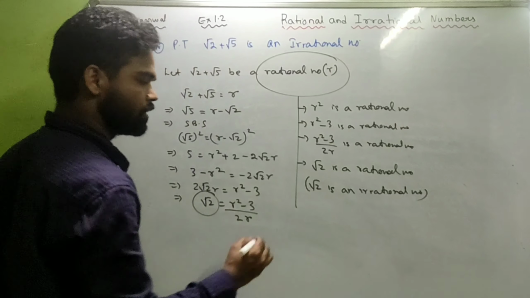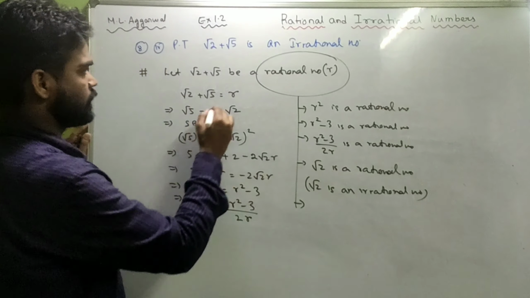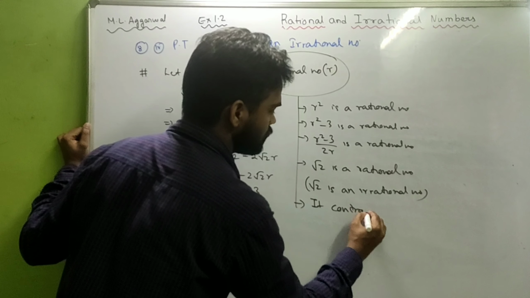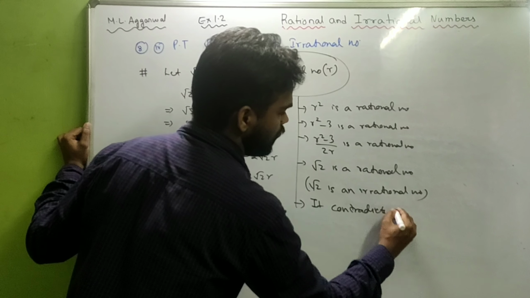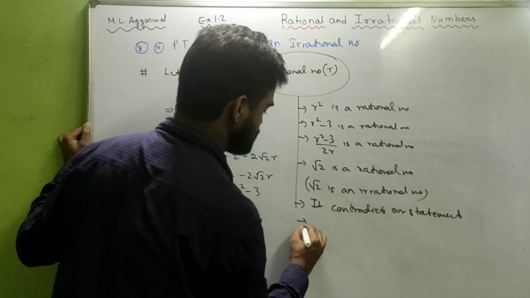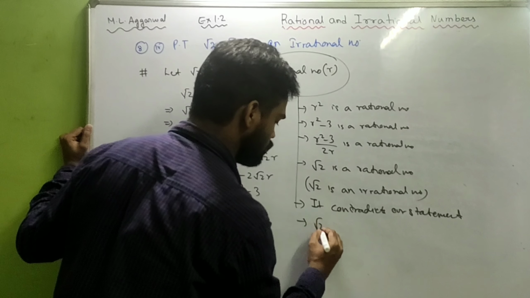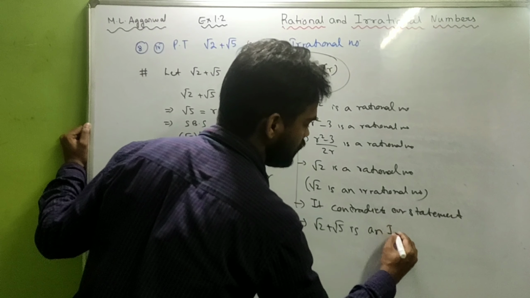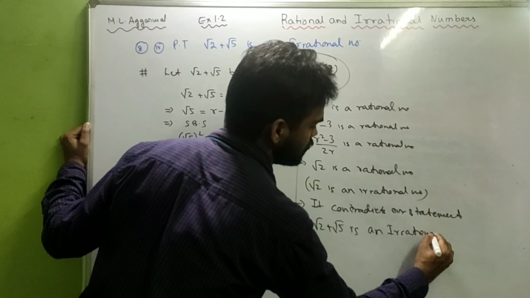It contradicts our statement, which means we can say that root 2 plus root 5 is an irrational number.